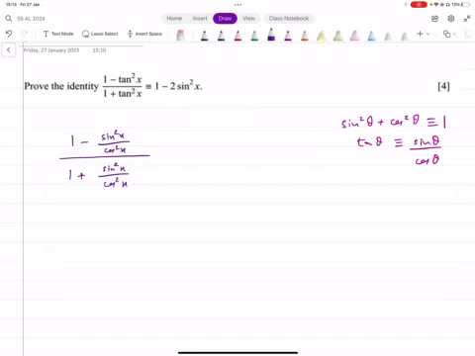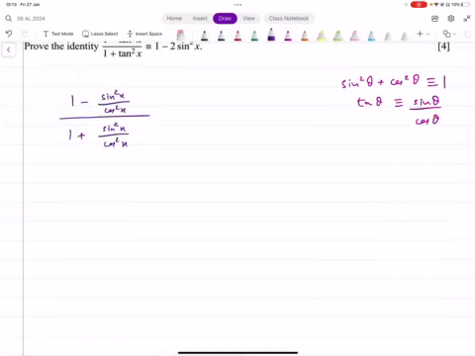Now, both in the numerator and in the denominator of this bigger fraction, we can take LCM, right? If we take LCM, that leaves us with cos square x minus sine square x over cos square x.